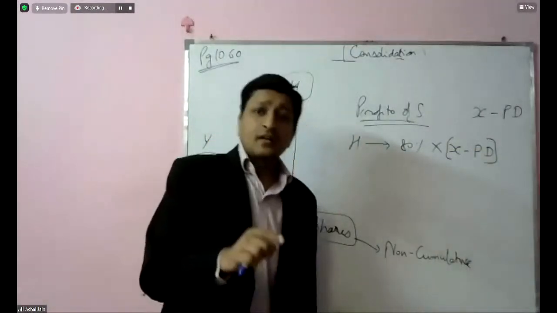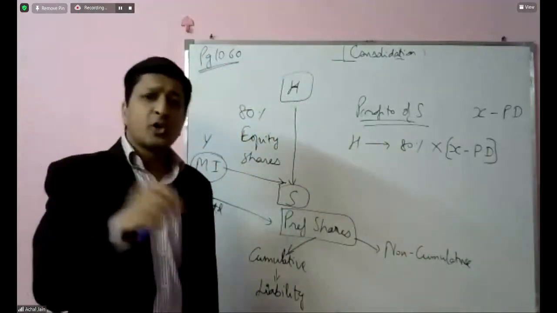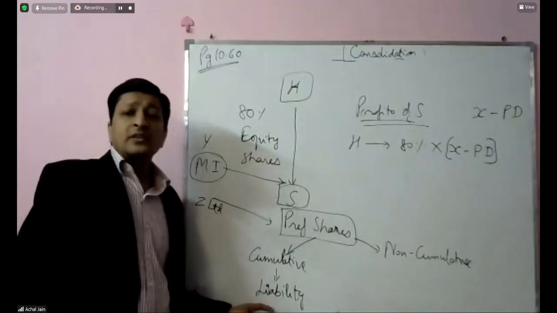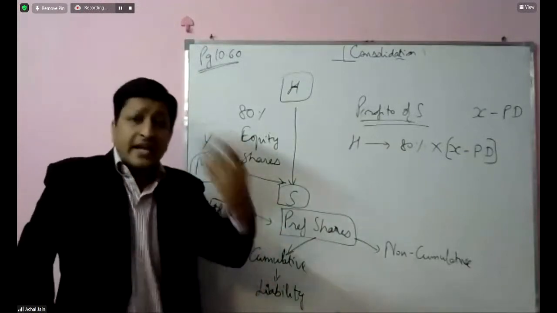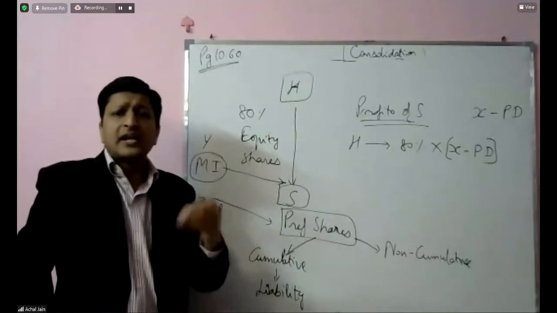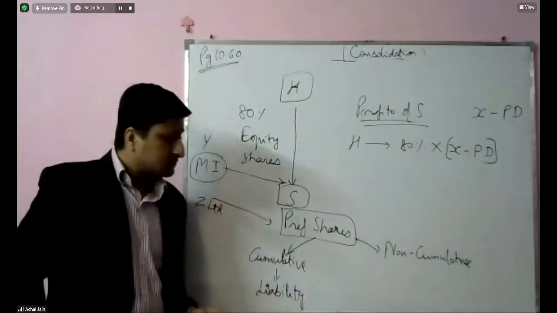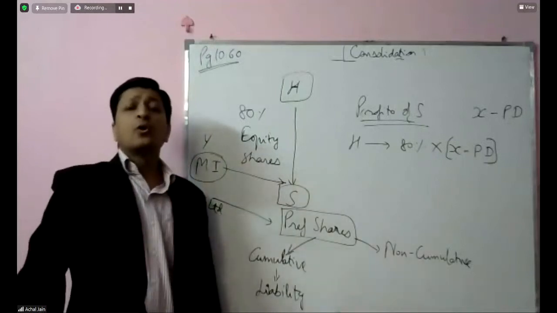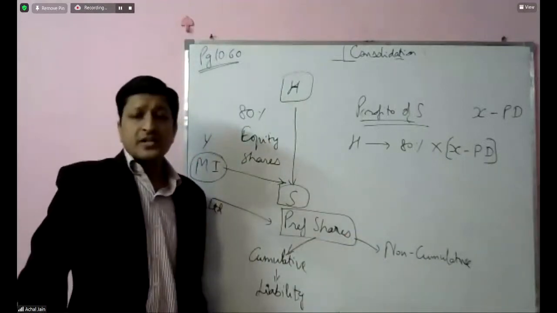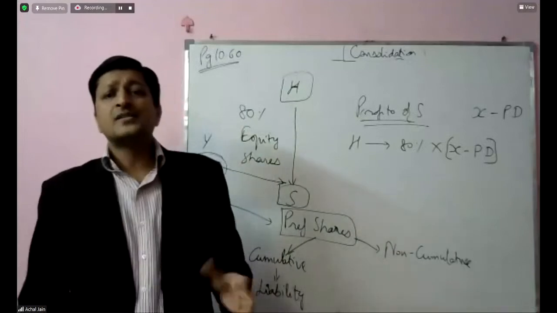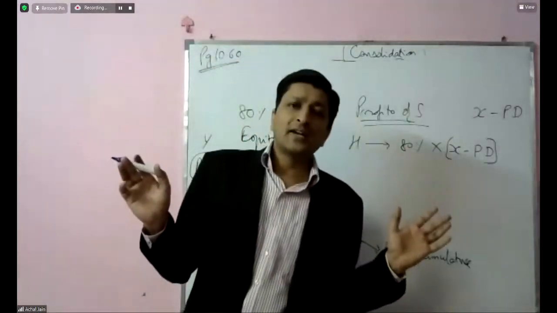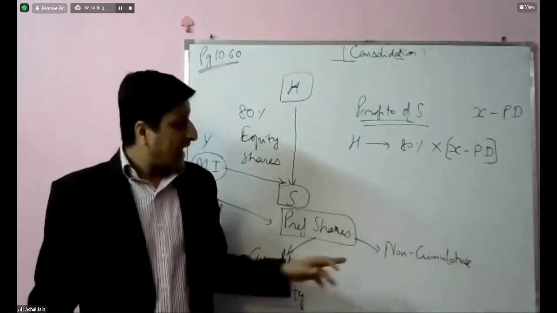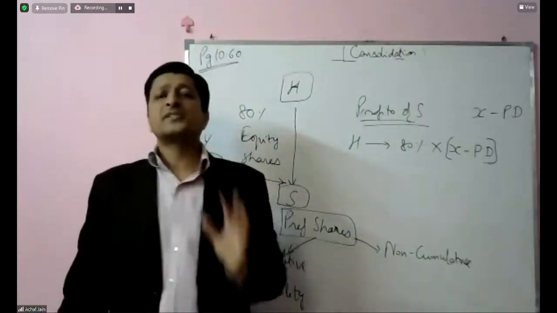So we are saying that if the preference shares are cumulative, then definitely the preference dividend on that has to be considered irrespective of whether you declare dividend or not. But if the preference shares are non-cumulative, as the terminology says, dividend will not get accumulated if that is not declared, and dividend will be payable only if it's declared.